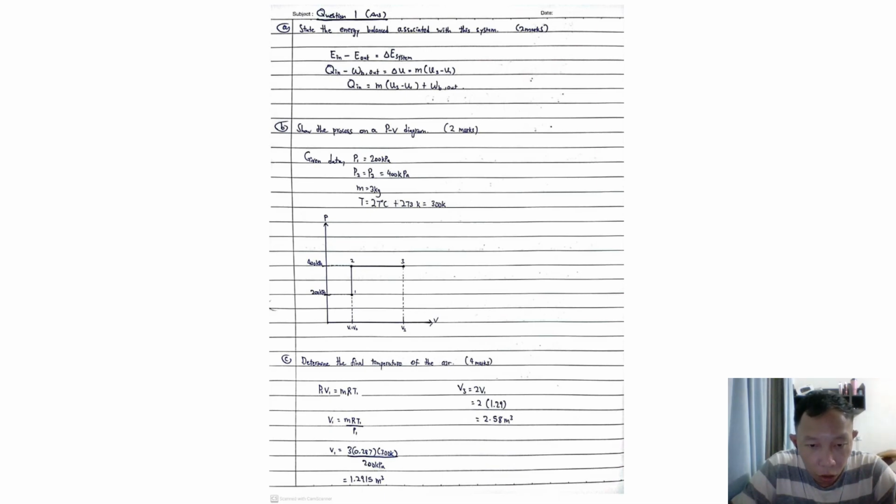V1 equals 1.2915 meter cube. The final volume is 2 times the initial volume, which is 2 times 1.29, so the final volume is 2.58 meter cube.